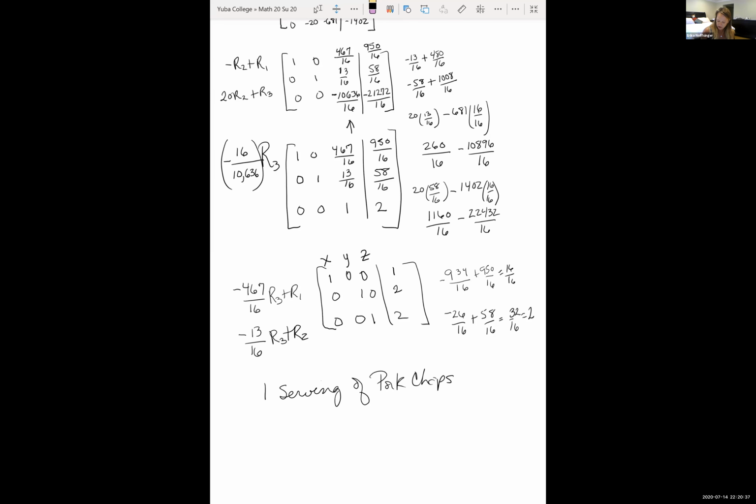They get Y is equal to 2, so they get 2 servings of corn. And Z is also equal to 2, and so that would be 2 servings of milk.